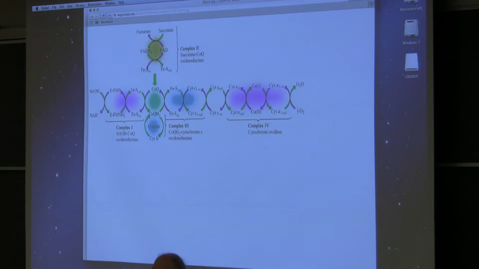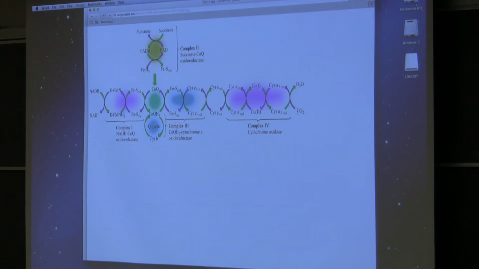So I can pass an electron to iron, it'll go from 3 to 2, and when it passes it on to the next one, it goes back to being 3. So if I have a series of proteins full of iron, they can pass an electron sequentially from one iron to the next, and that's how that circuit actually works.